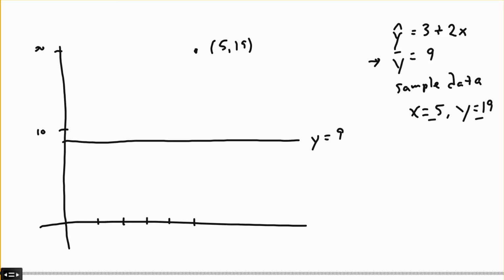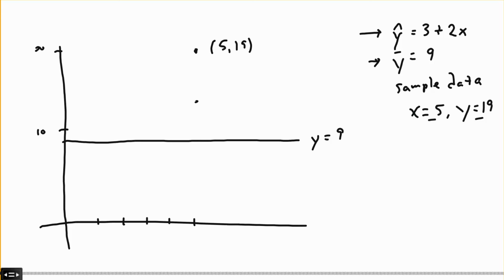And then we also can find a predicted value. And let's do that at 5 as well. So if we take our regression equation and we plug 5 in for x, 2 times 5 is 10, plus 3 is 13. So we end up with 5, 13, which is actually on the regression line.